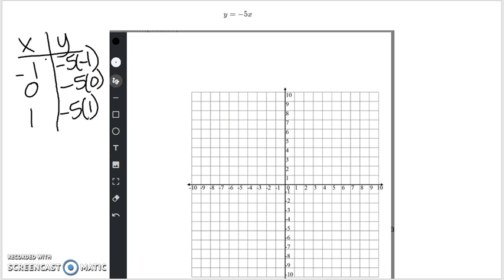Okay, got that fixed. So now we can do -5 times -1 is 5, -5 times 0 is 0, and -5 times 1 is -5. So here are our coordinates. Remember, you get those coordinates because they're the x, y combination.